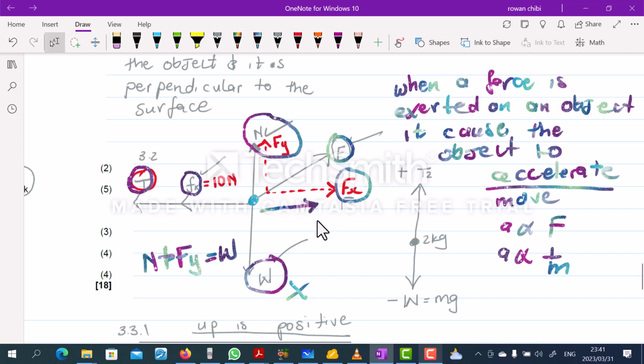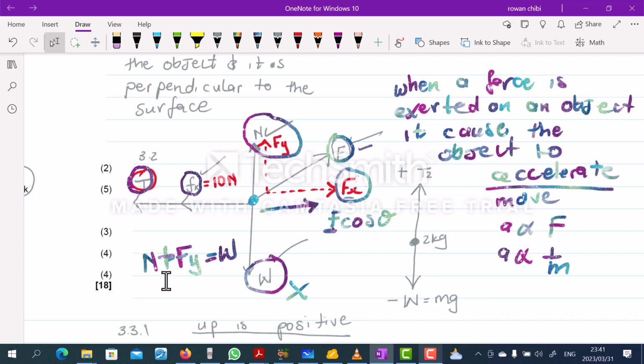Now this F of x has a formula of F cos theta. So they said now we need to find the magnitude of that F, because F of x is equal to F cos theta. So if I know this magnitude, then I will know what that force is.